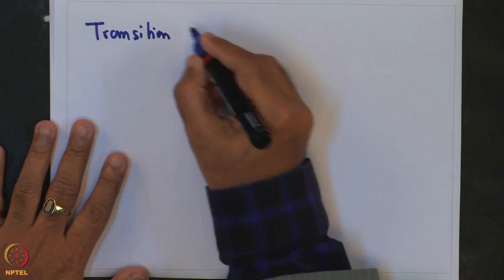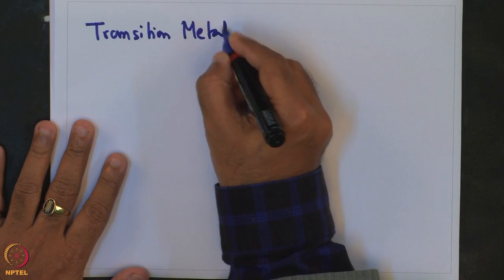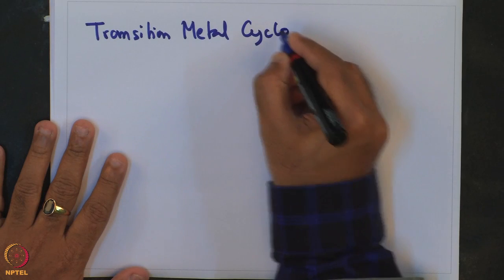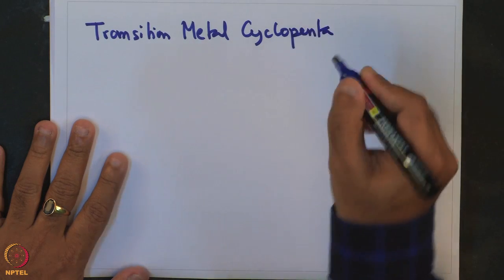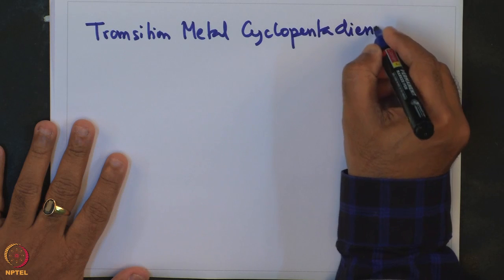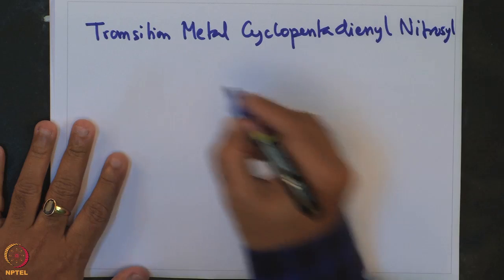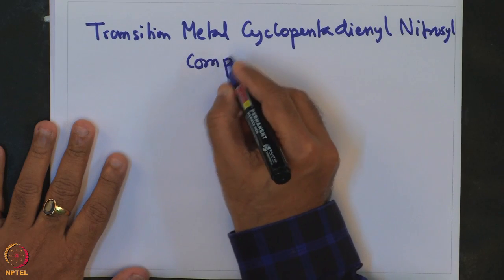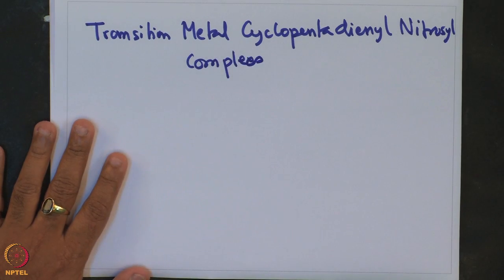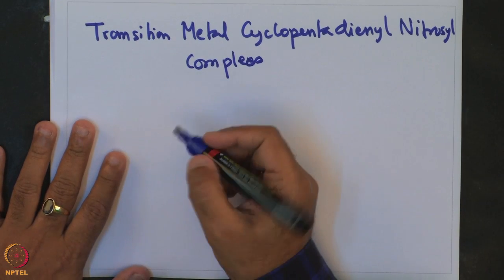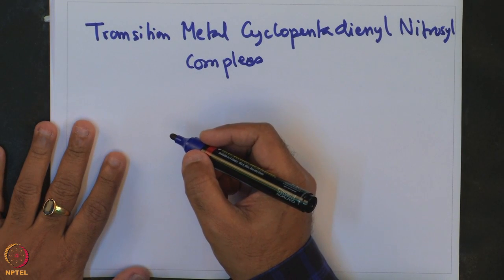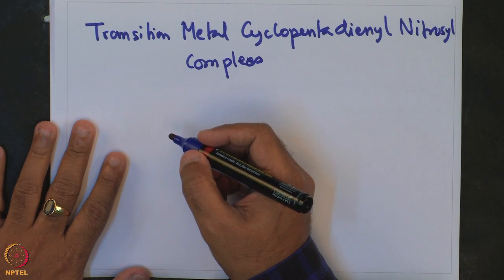So, today we are going to be talking about various examples of transition metal cyclopentadienyl nitrosyl complexes that exist.